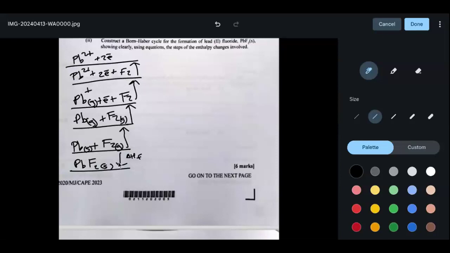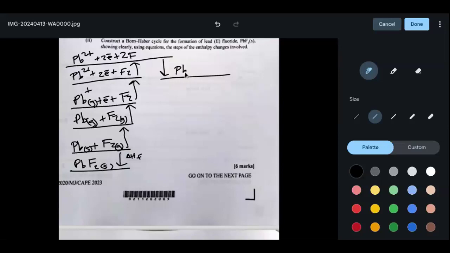Remember when I just did this topic, I told you that any amount of the element in the compound, that's the amount to put here. So two fluorine is in the compound, so we need two fluorine up here. How many electron affinities will we have, one or two? One, right.